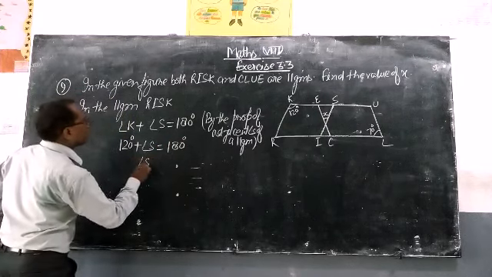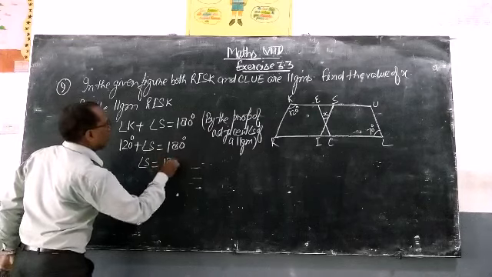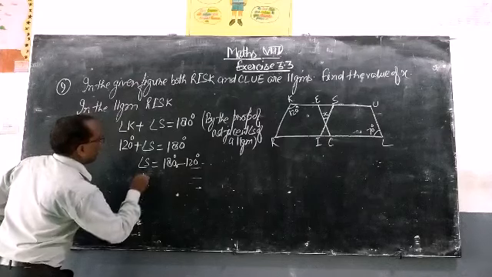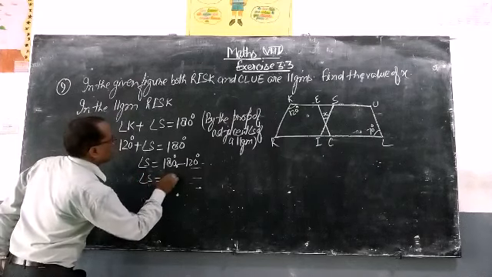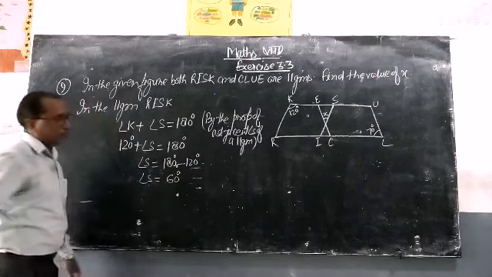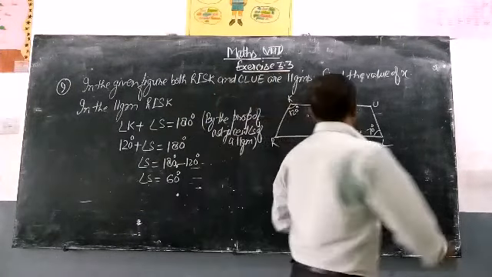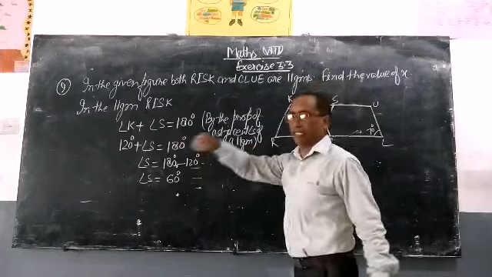Means angle S is equal to 180 degrees minus 120 degrees. Angle S is equal to 60 degrees. I have found that angle S value is 60 degrees.